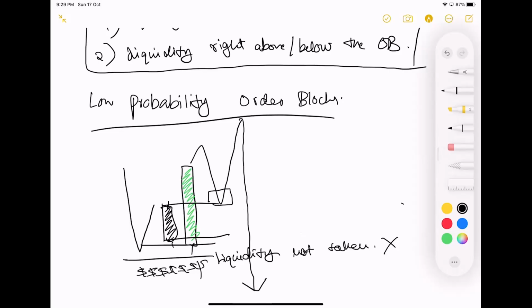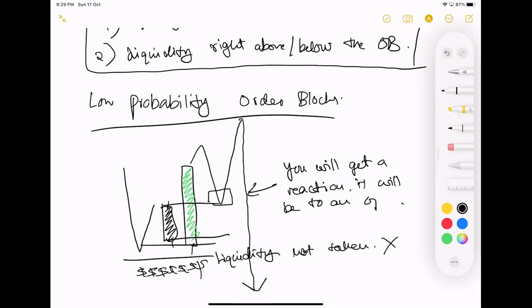Now properly note this. I said while you will get a reaction, it will be to an opposing PD array that's closest.